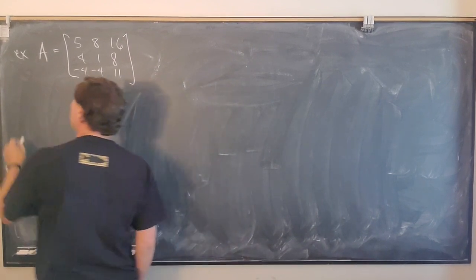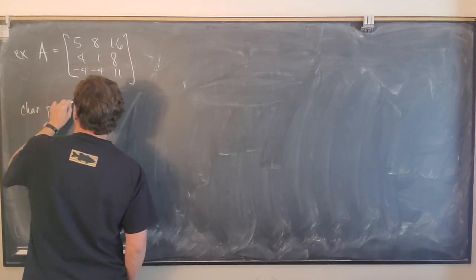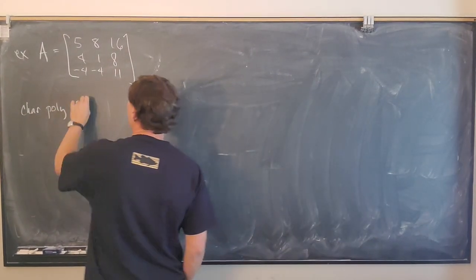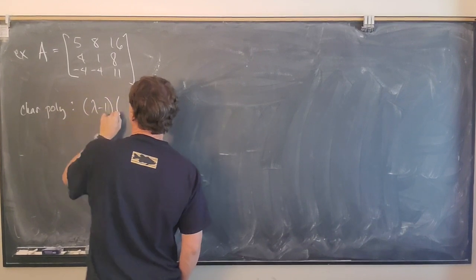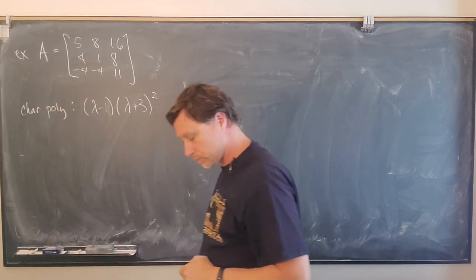This matrix, we already computed the characteristic polynomial. So the characteristic polynomial is (lambda minus 1) times (lambda plus 3) quantity squared.